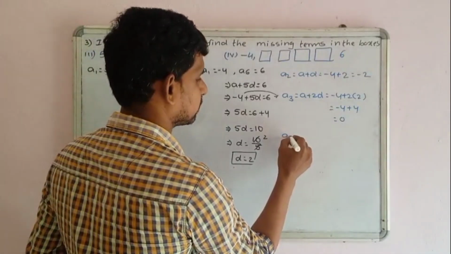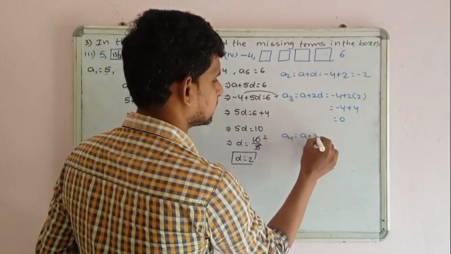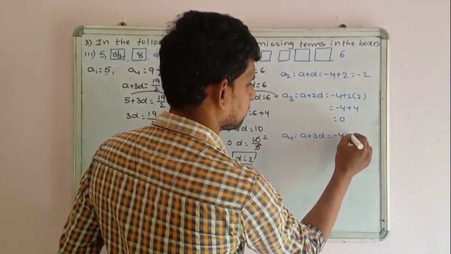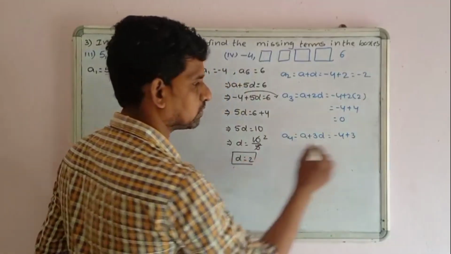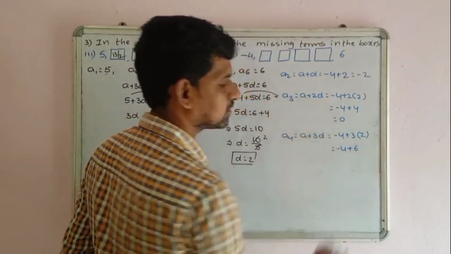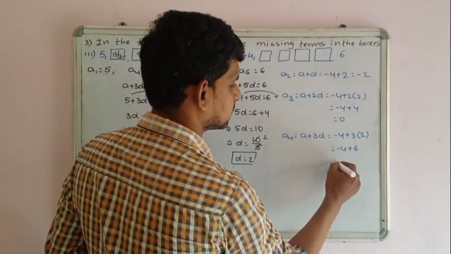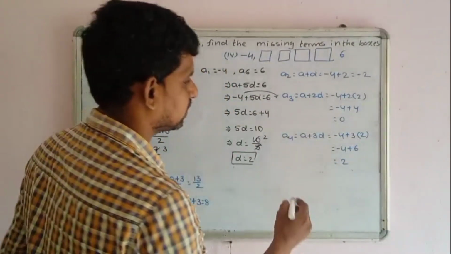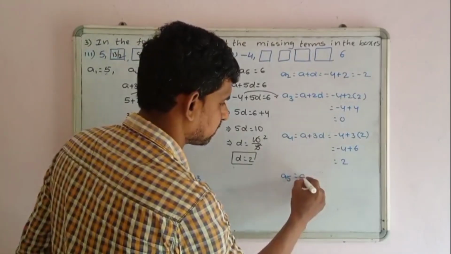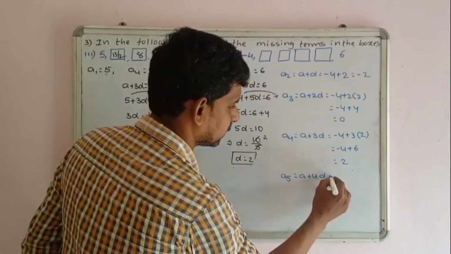Next, A4. A plus 3D. So A value minus 4 plus 3 times D value 2. So minus 4 plus 3 2s are 6. 6 minus 4 is 2. Next, A5 equals A plus 4D.